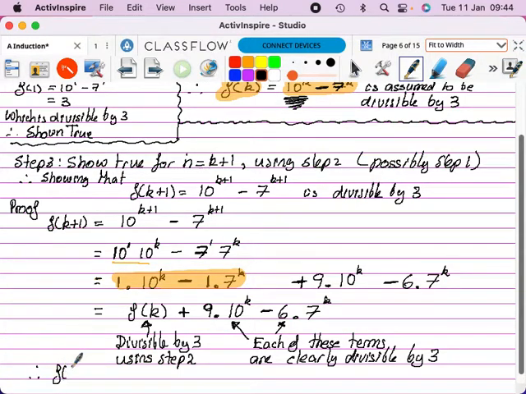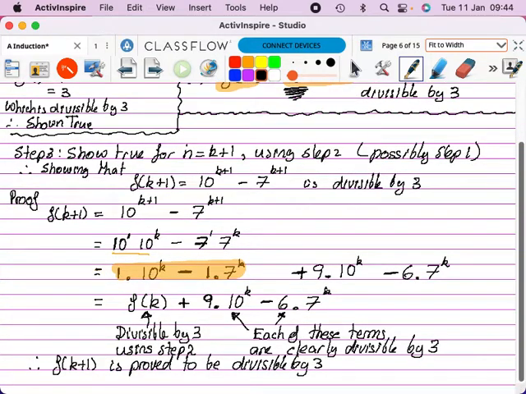Therefore, f of k plus 1 is proved to be divisible by 3. And I've finished step 3. And of course, the last bit now is squeeze it in. I'll see if I can squeeze it in down the bottom. Step 4, proof follows by induction.